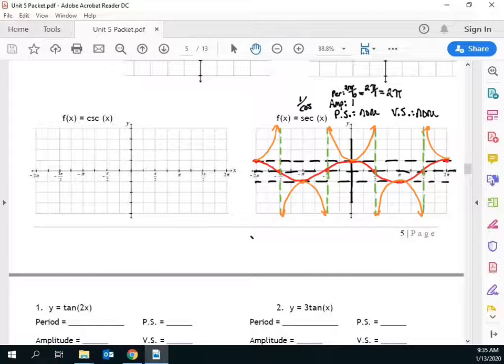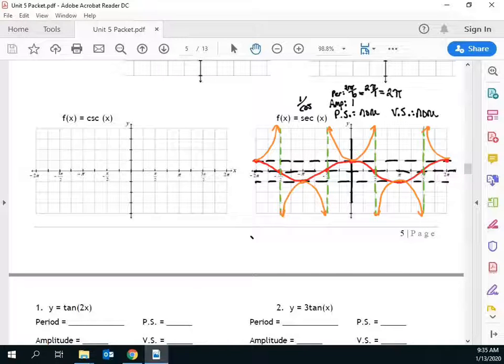And so you end up seeing this here. So you draw the function just like you do, and you go ahead and take everything out, vertical asymptotes, and then flip them out. Okay, so let's go over here on cosecant, and see what this looks like.